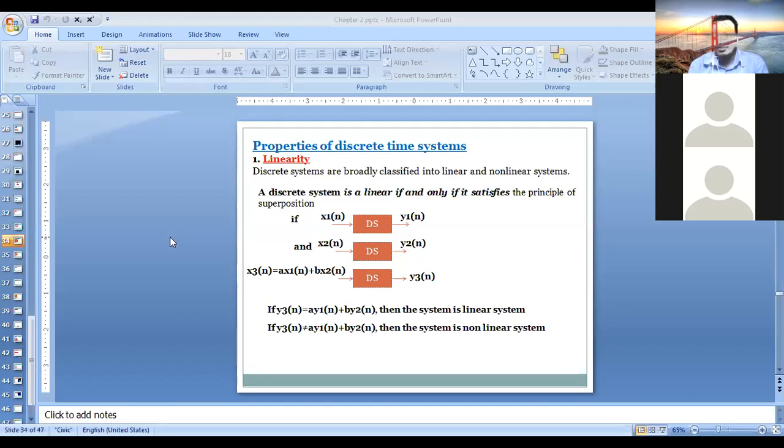For nonlinear systems, we have another method, which we call state space analysis. So the analysis processing is different for linear and nonlinear systems. That's why we need to classify systems into two broad categories, linear and nonlinear.